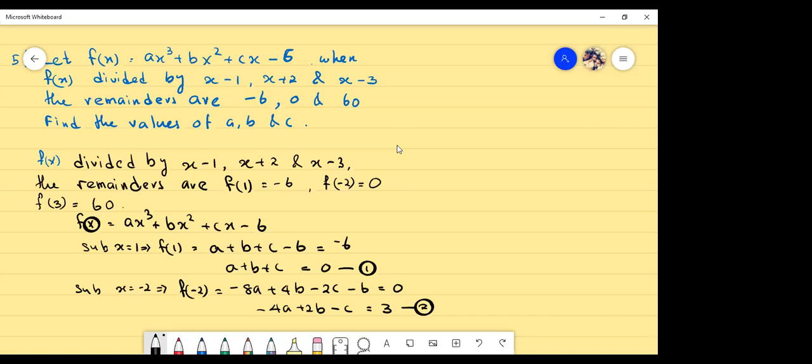Now we substitute x equal 3. f(3) equal 27a plus 9b plus 3c minus 6 equals 60.